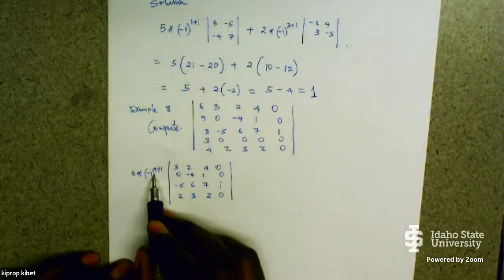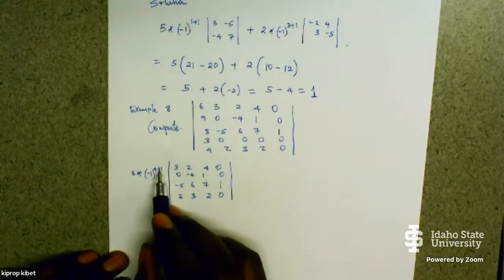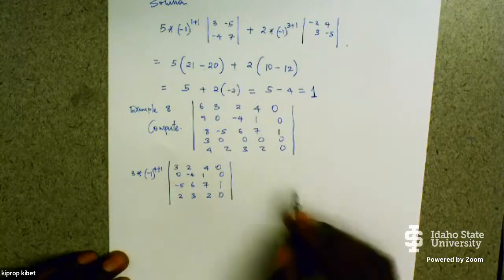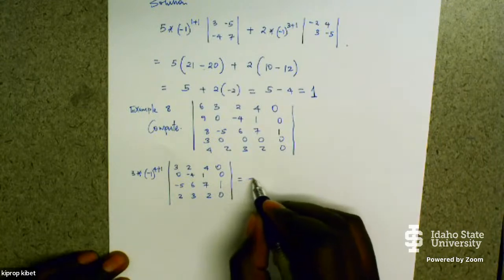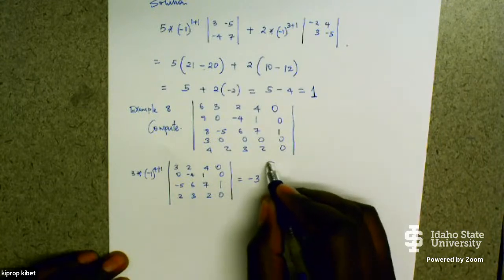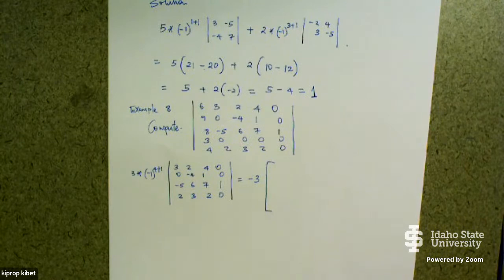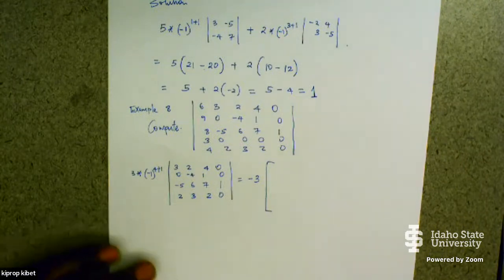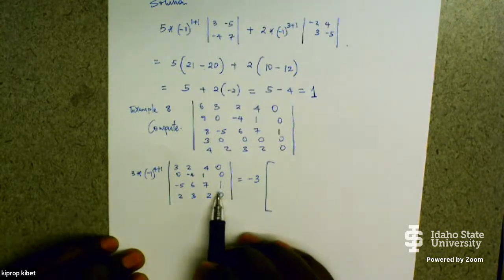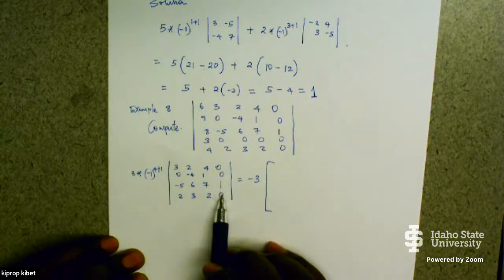In this case, 4 plus 1 is 5, so this is equal to minus 3. This minus 3 is affecting the whole of it, okay?